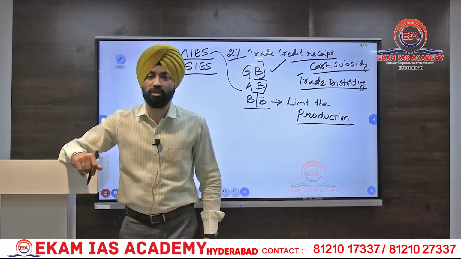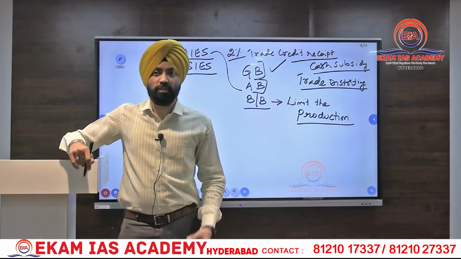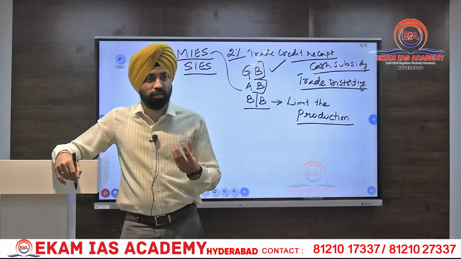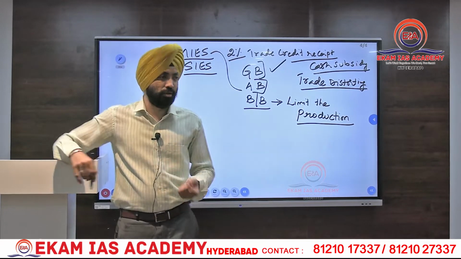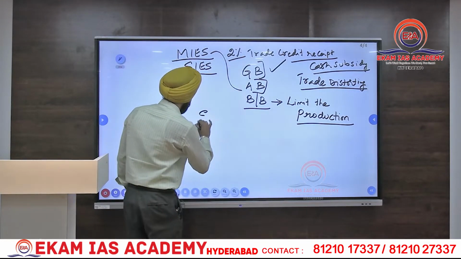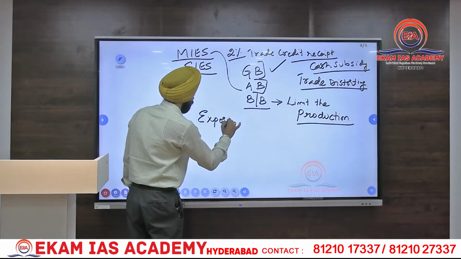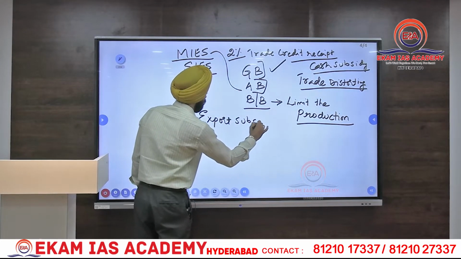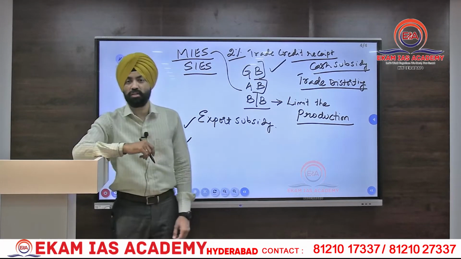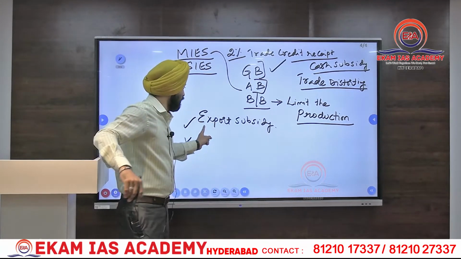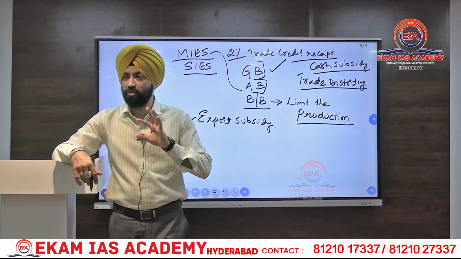What is trade distorting? Anything that disturbs the international trade, the peaceful conduct of international trade. Your export subsidy, whether it is trade distorting or not. We always tell the US, your export subsidy to your farmers is trade distorting in nature, right? It means that it disturbs the peaceful conduct of international trade.